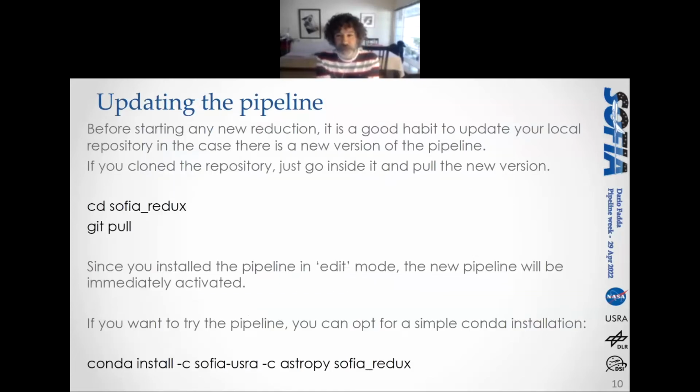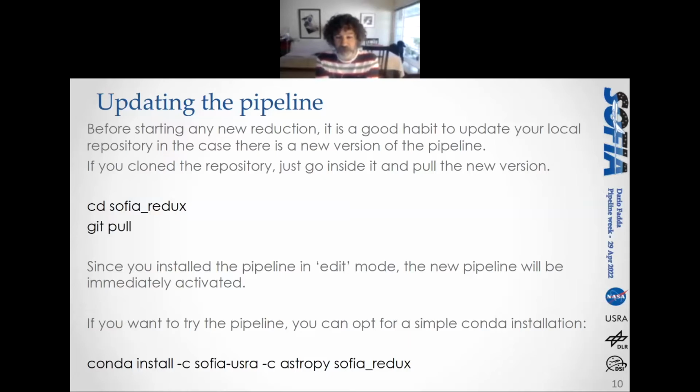If there is some modification that happens in the pipeline, because we continuously update, for instance, calibration or some other modules that we find better ways to do, we just go into the repository and do a git pull. At this point, we have all the new stuff. And since you are in edit mode, the next time you start the pipeline, you immediately activate all the changes. So this is an advantage.